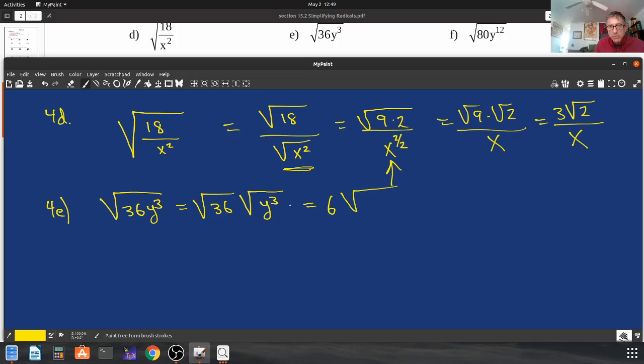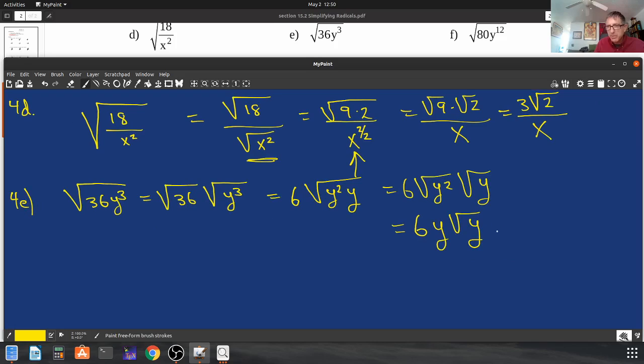I'm going to write y cubed as y squared times y. Well, that's 6 times the square root of y squared times the square root of y. And you should be able to go 6, the square root of y squared is y. And your last term can no longer be simplified. So that factor of the square root of y, I can't do anything with it.